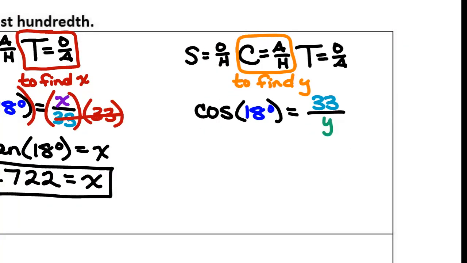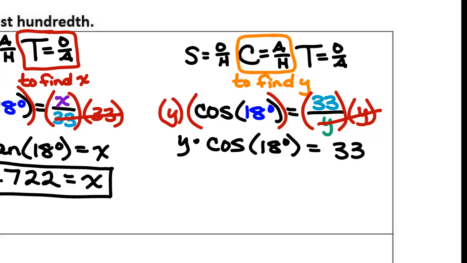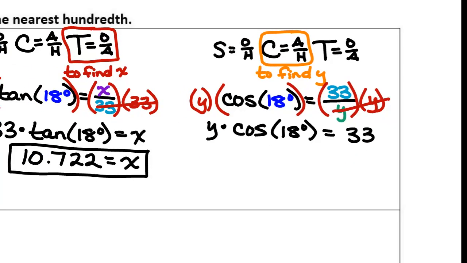What we're looking for, y, is part of a fraction. So once again, we're going to multiply, and we always multiply by the denominator. So we're going to multiply both sides by y. So we have y times the cosine of 18 degrees equals 33. And then we have to get rid of this multiplication right here. So we're going to divide both sides by the cosine of 18 degrees.